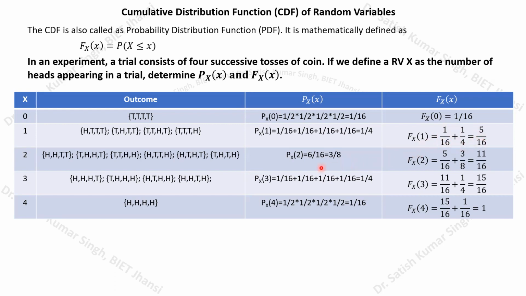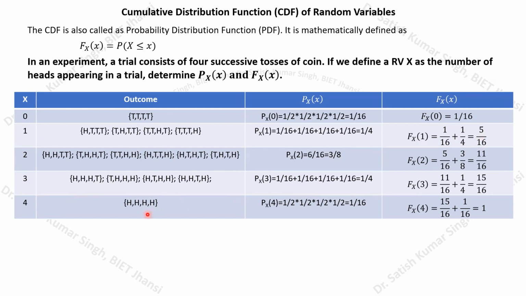Similarly, for P(2) you can calculate F(2), which will be the probability up to this point, and then we add the probability of getting 2. Up to this, it was already 5 by 16, so 5 by 16 plus 3 by 8 becomes 11 by 16. Similarly, F(3) will be 11 by 16 plus 1 by 4, which is the probability of getting 3 heads.